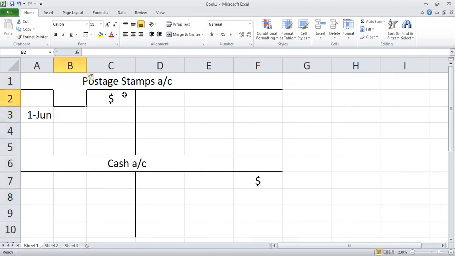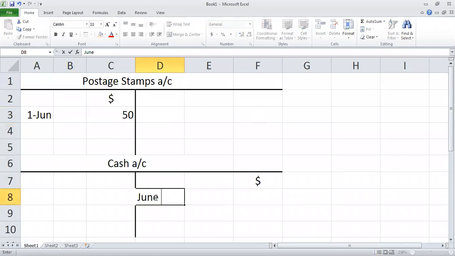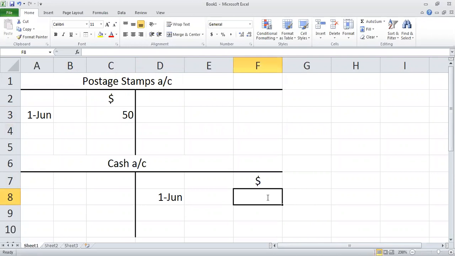It's June 1, right? And the amount is 50. So you debit the postage account because you paid for postage, a postage account of $50, right? And you're paid by what? Cash. Remember, it's June 1, same way. You would credit the cash account with $50, right?